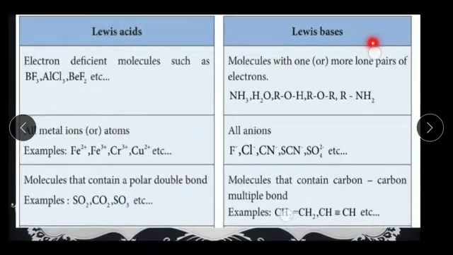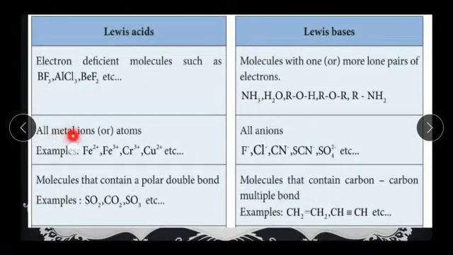All metal ions or atoms are Lewis acids, for example Fe2+, Fe3+, Cr3+, Cu2+. They are Lewis acids because they are electron deficient. Then all anions, such as F-, Cl-, CN-, are Lewis bases. Molecules that contain a polar double bond are Lewis acids, for example SO2, CO2, SO3.